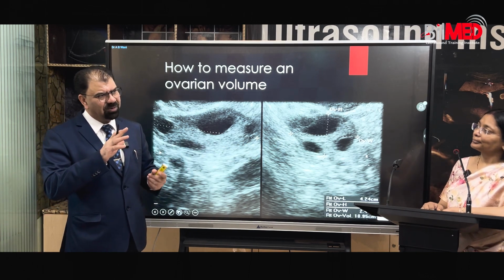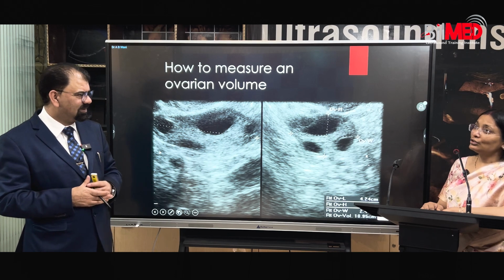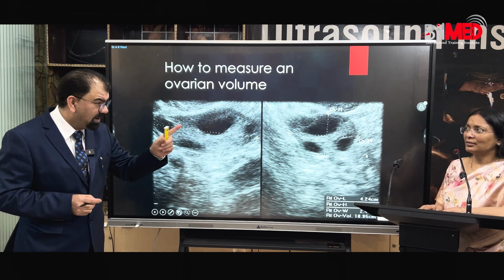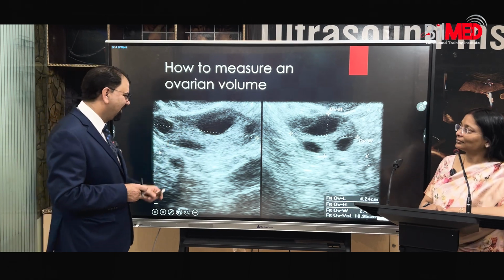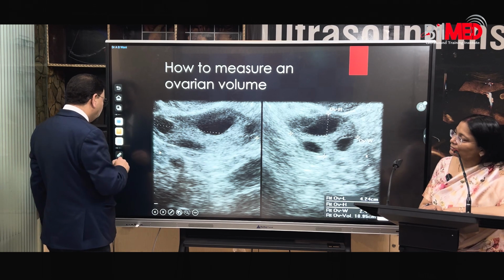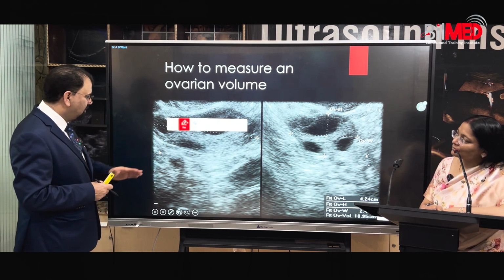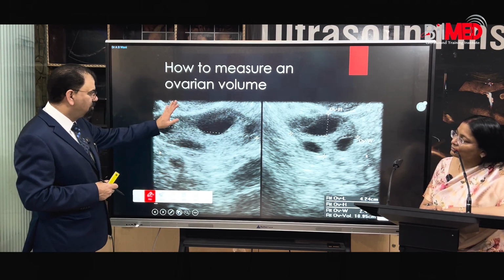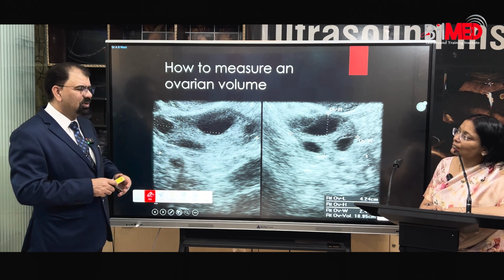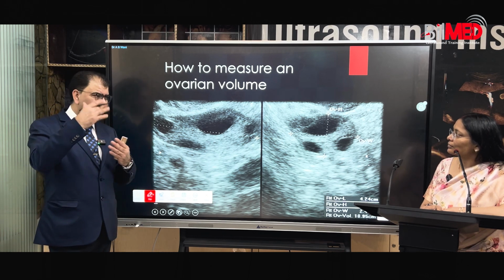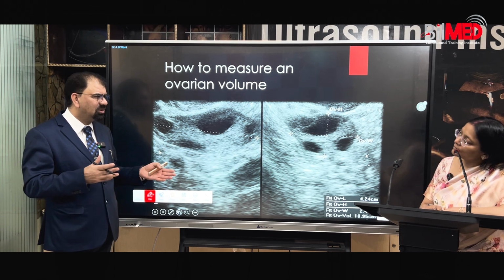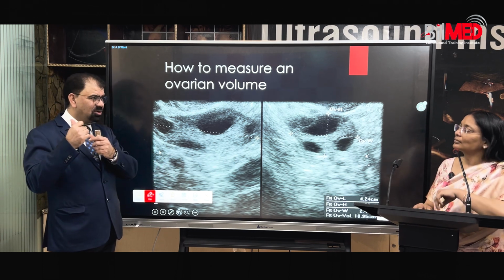So what went wrong? Actually, overdiagnosis of PCOS due to wrong measurements. Whoever is doing the ultrasound, if he does not know how to measure an ovary to get a volume, he will get a higher or lower volume, and then the diagnosis will change.